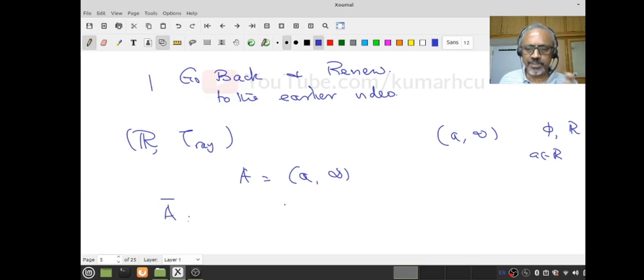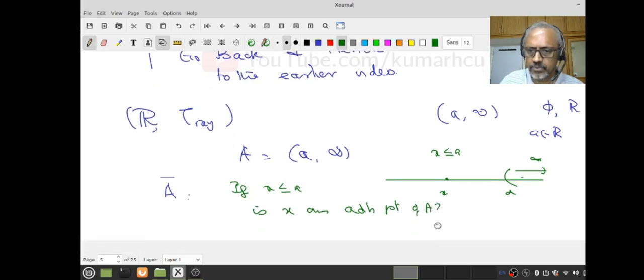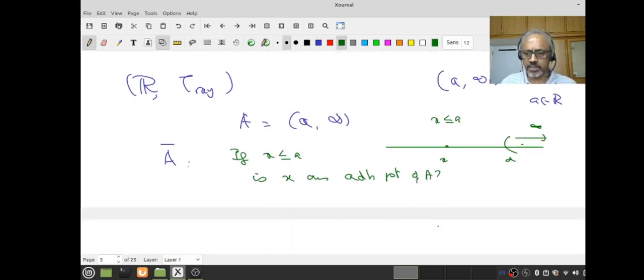Every point of A is going to be an adherent point of A. Therefore, I have to look at an x which is less than or equal to A, and I want to know whether it can be an adherent point. You follow that? So if x is less than or equal to A, is x an adherent point? Among all those points, I have to collect them.